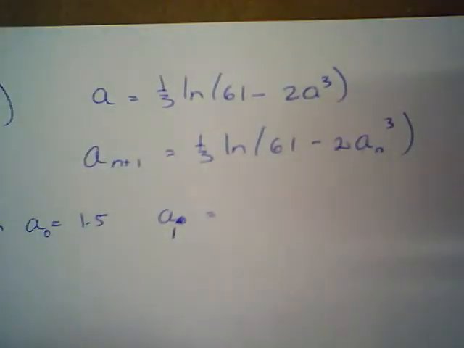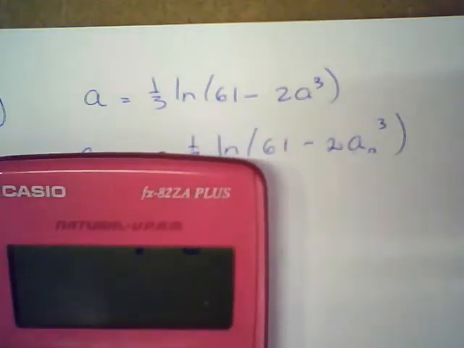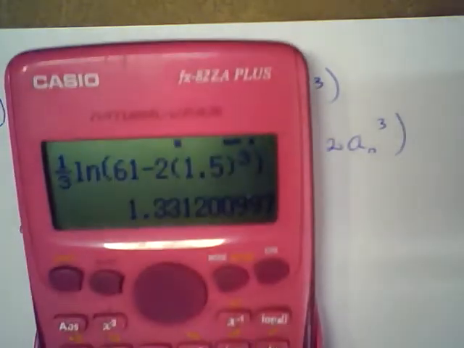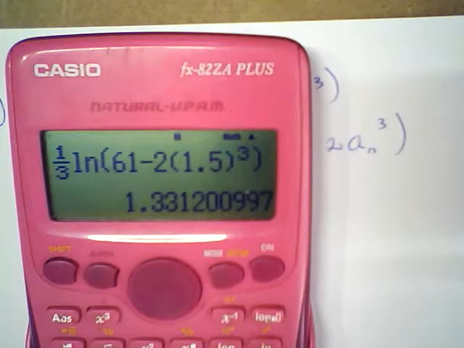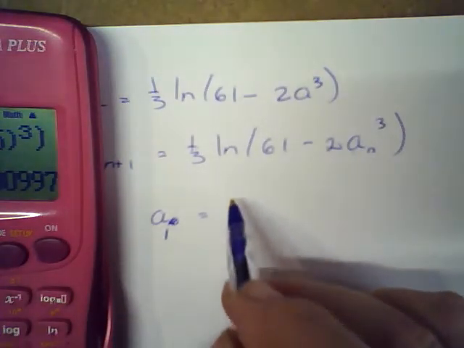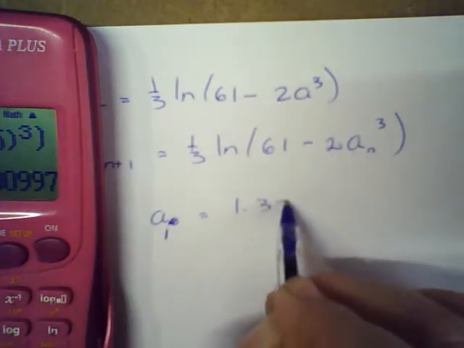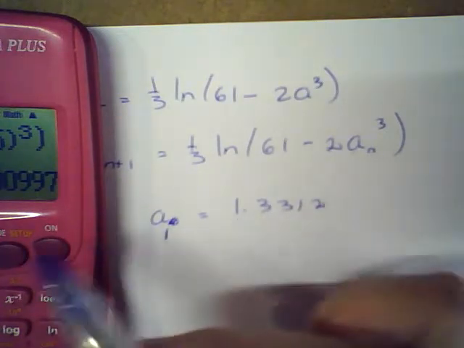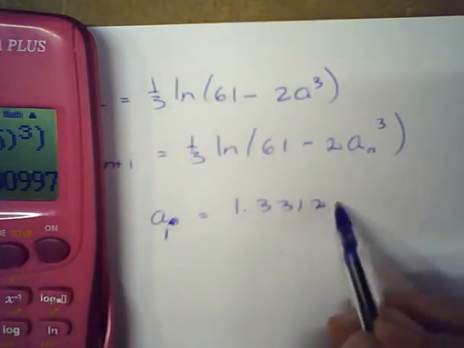Let me just plug that in. 1/3, and then we have natural log, 61 minus 2 times 1.5, close my bracket, cubed, and close my bracket. Okay, I get an answer, 1.33 and 1/2, and we need to write this iterative formula correct to 5 decimal places, so 1.33121, 1, 2, 3, 4, 5, and 1 little 0.